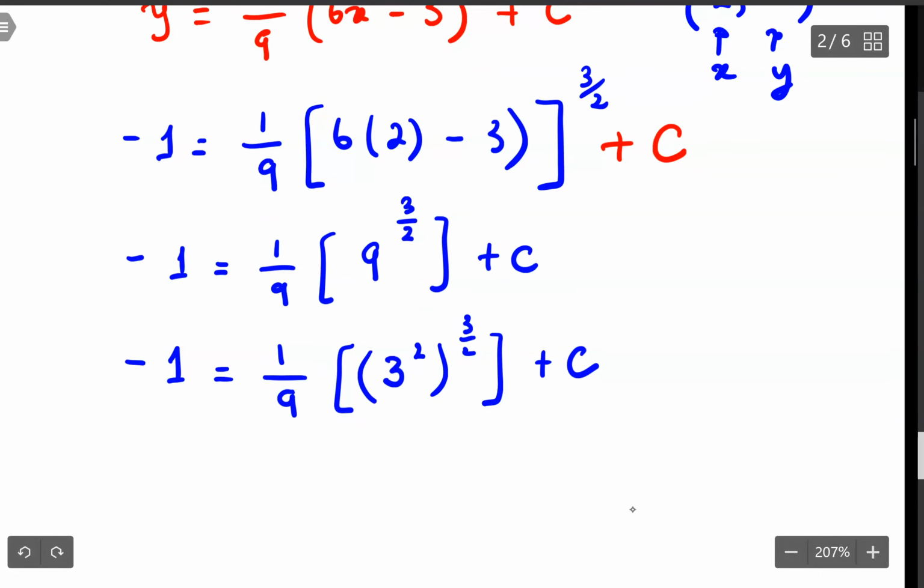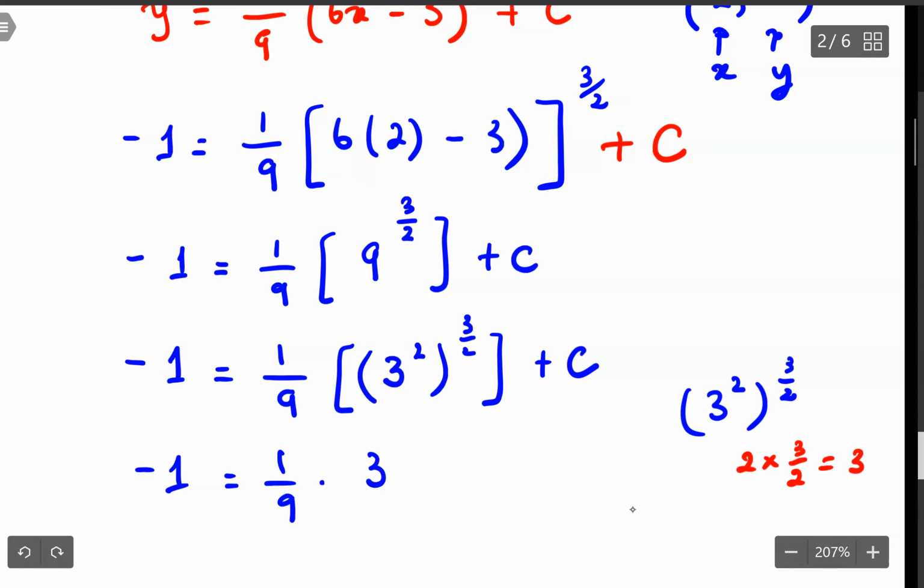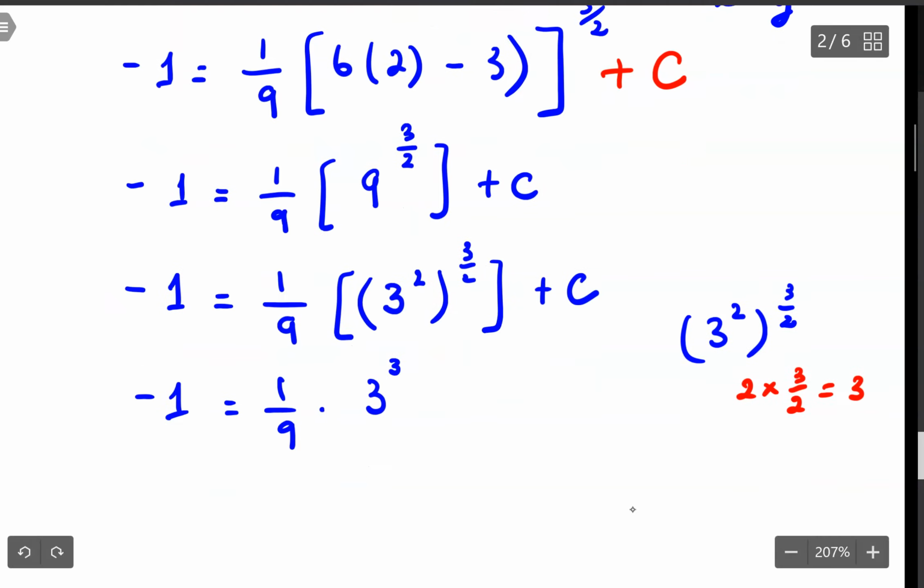To solve for this, you see that it's 3 squared raised to 3 over 2. I multiply the exponents, so 2 times 3 over 2 will give me 3. That means it is 3 raised to the exponent of 3, which is 27. So I will write times 27.